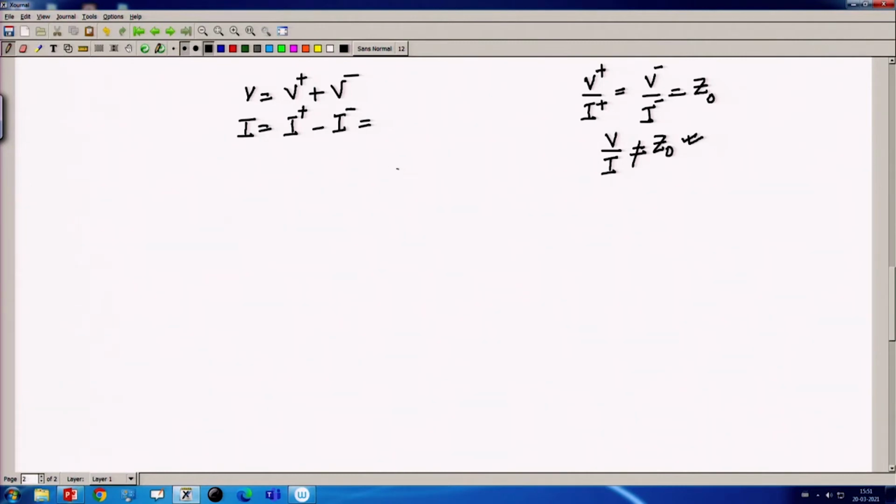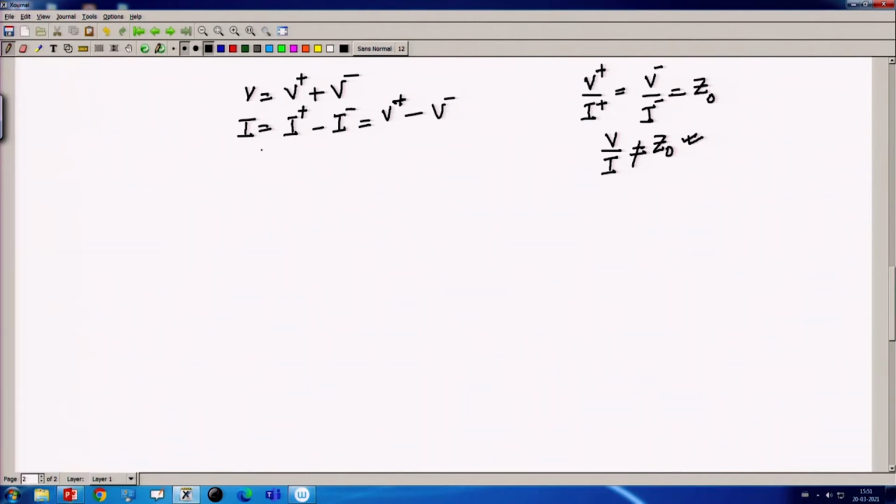And because of the normalization, this Z0 becomes 1, so that we can write it as I is V plus minus V minus.